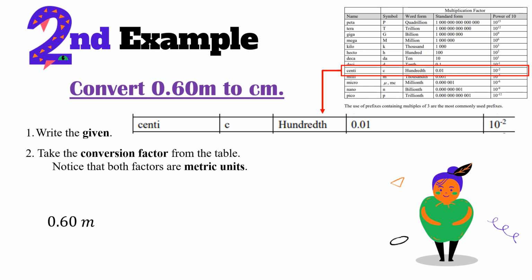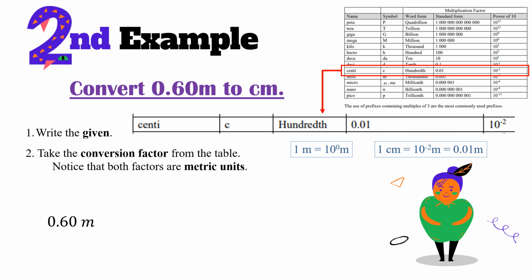So centi is 10 raised to -2. Because meter is a base unit, we consider its exponent to be 0. So now you have 1 centimeter is equivalent to 10 raised to -2 meters, or 0.01 meters.